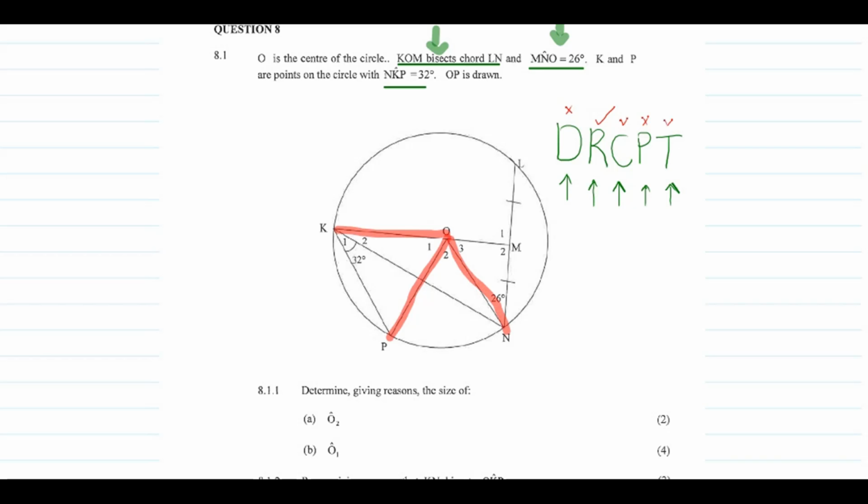So we need to remember theorems that talk about a radius or a chord in a circle, because we are given a chord and we are given a radius. The chord that we are given is the chord LN, and obviously we are given radii, which are OK, OP, and ON. Let's ask ourselves, what are the theorems that talk about either a radius or chord?